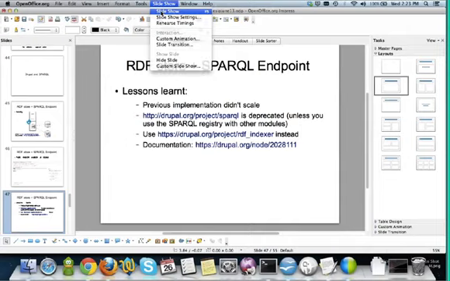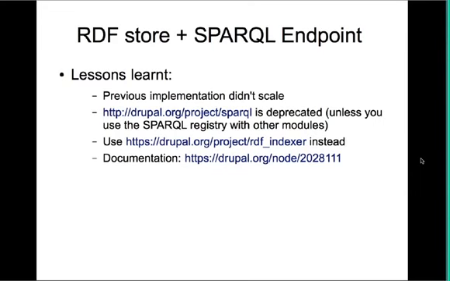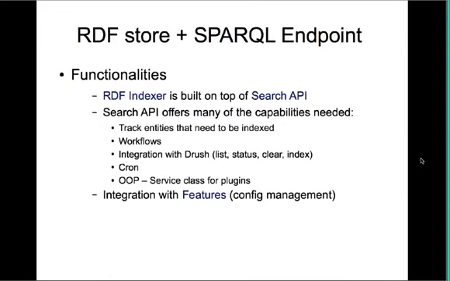So RDF Indexer is the module to use. There's some documentation to set it up. In terms of functionalities and what's different from the old SPARQL endpoint, we're now using the Search API so that we don't have to reinvent a lot of the features that Search API provides. For example, Search API can track all entities that need to be indexed. It provides workflows for defining what type of entities you want to index.